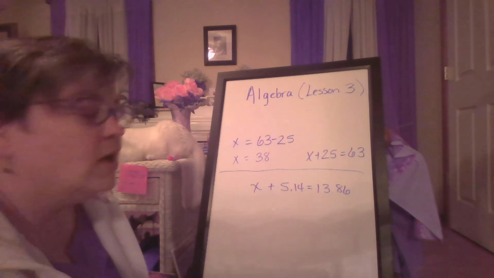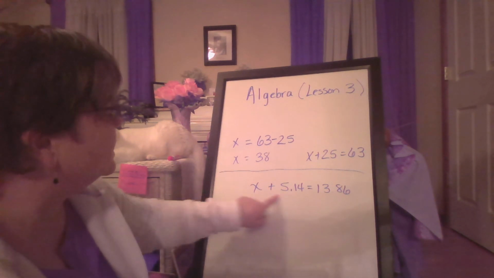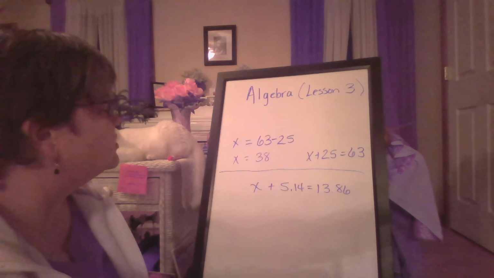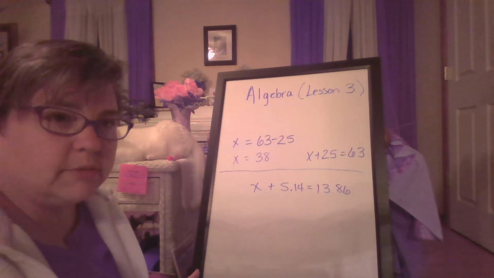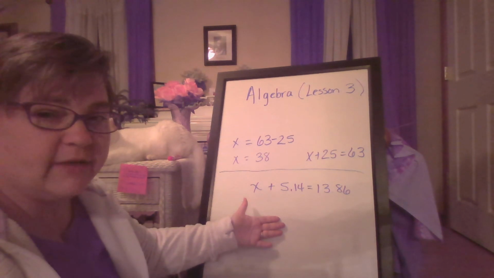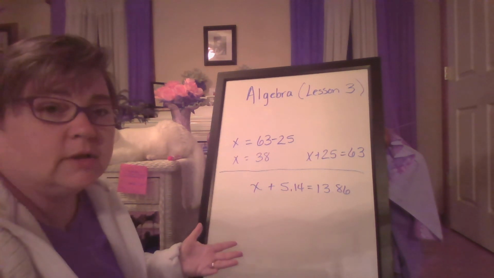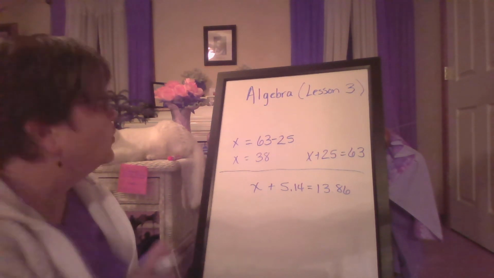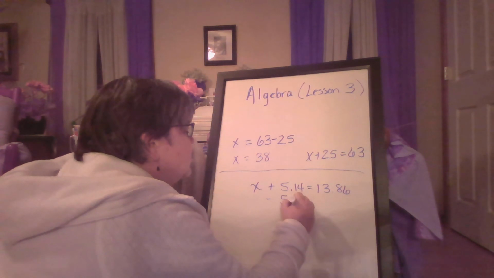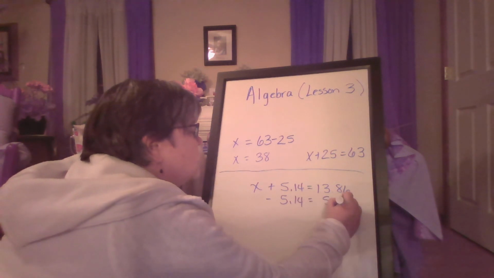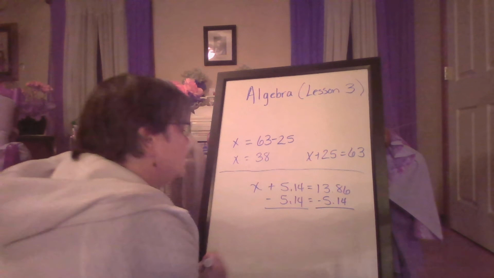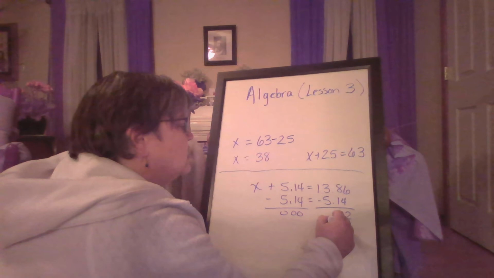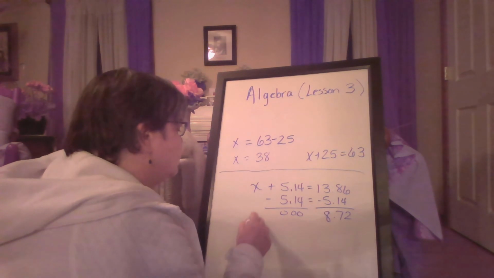The only way we can get rid of this 5.14 is to subtract 5.14, because 5.14 minus 5.14 would give me 0, and 0 plus x is still x. So we are going to subtract 5.14 from both sides. I'll get 0 here, okay? Over here, I get 8.72.